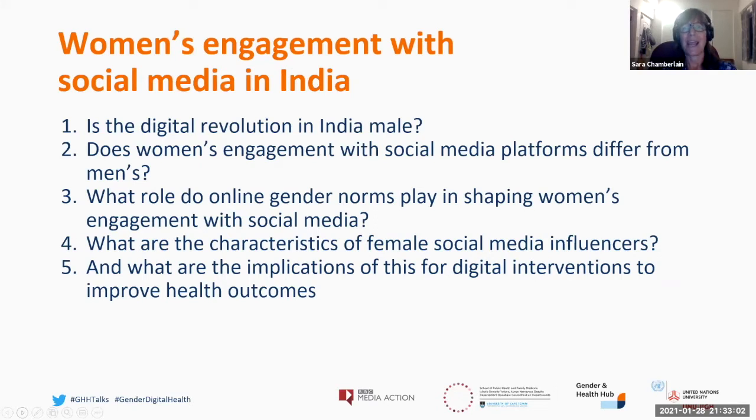The landscaping study aims to understand women's access to and use of social media platforms and chat applications in India, including online gender norms. It consists of a literature review and key informant interviews. It's important to note that there's very little disaggregated data on this topic in India, particularly published in peer-reviewed journals, and we've had to primarily rely on gray materials, including from the private sector.